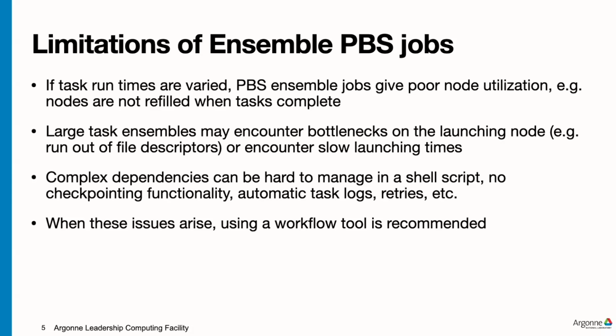It might take up a number of different resources. The big one is file descriptors. So we've seen situations where people launch a large number of MPI tasks on a single node and they run out. So that can be a bottleneck.